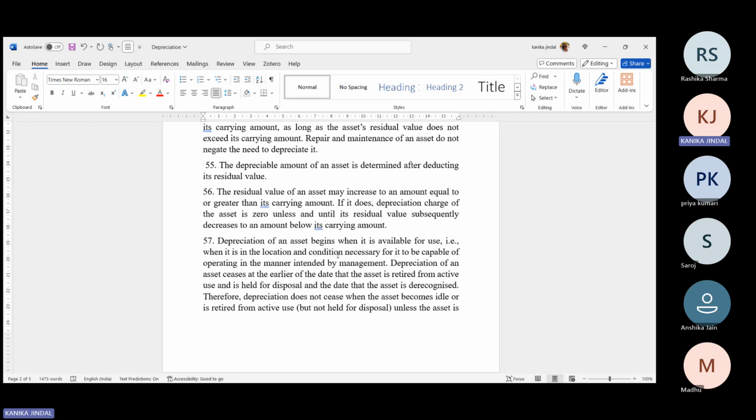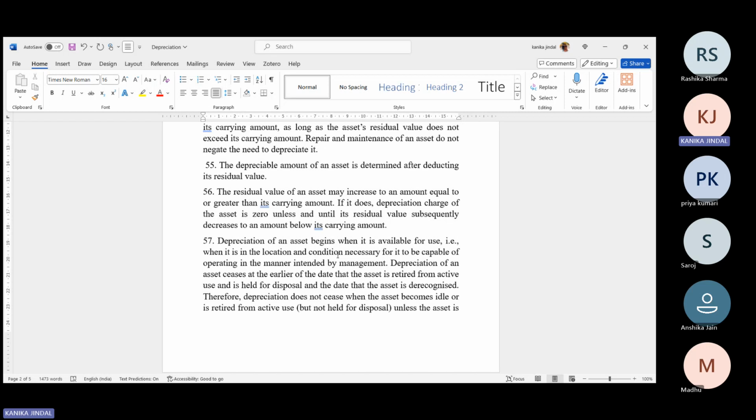Depreciation of an asset ceases at the earlier of the date that the asset is retired from active use and is held for disposal, and the date that the asset is de-recognized. So जो भी पहले होता है, या तो वो asset retire हो जाएगा active use से और उसको disposal के लिए रख दिया जाएगा, या फिर उसको de-recognize कर दिया जाएगा. जो भी पहले होता है उस टाइम पर depreciation cease हो जाती है.